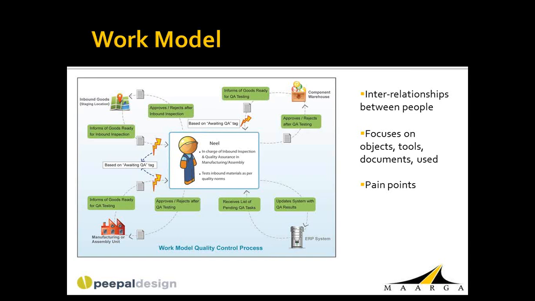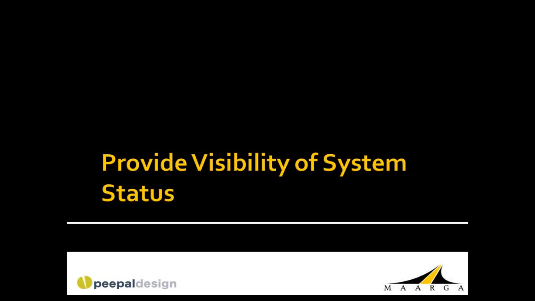Yeah, can we go on to the next one? Yep. Right. Sure. So now starting with the best practices or heuristics, as I like to call it, one of the first things that we need to have in place is to provide visibility of the system status. In simpler terms, that basically means the system should tell the user at every point in time what is happening.